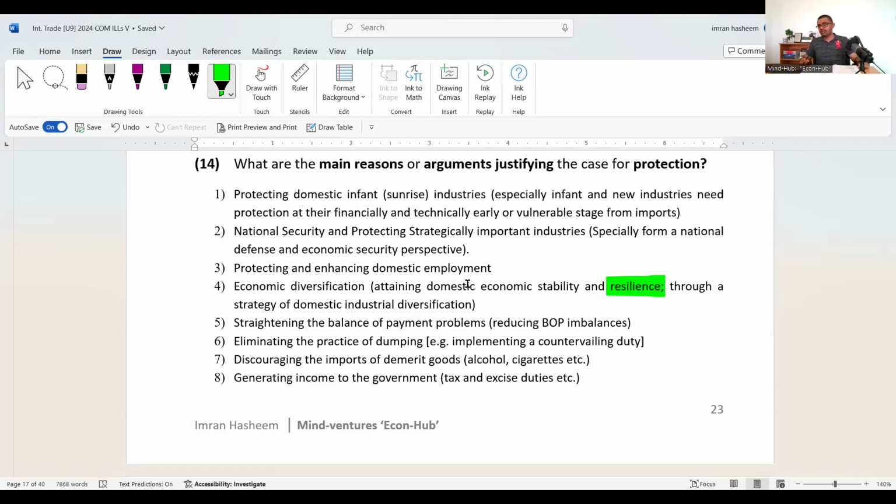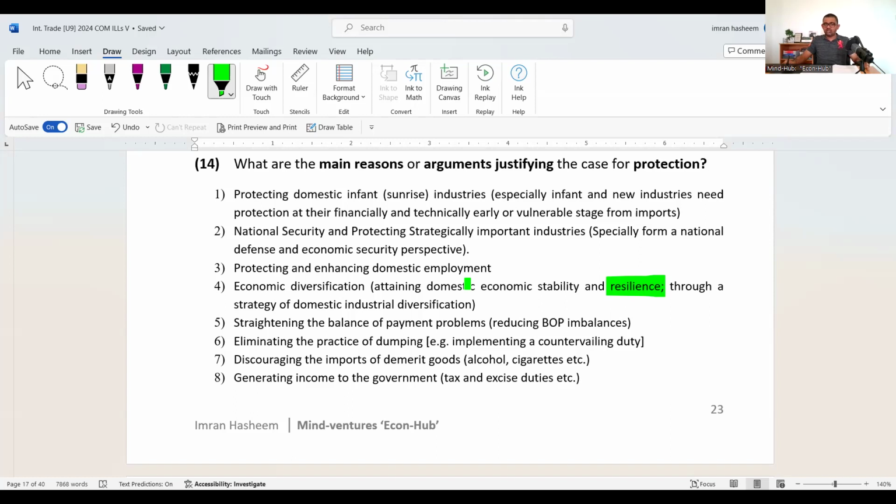No? Then eliminating the practice of dumping. We talked about it all together now, right? When you want to eliminate dumping, one type of tax that Sri Lanka doesn't have, because we still don't have an anti-dumping law. I think when our present president was prime minister 5 years ago or whatever, during the good governance government, there was a discussion.